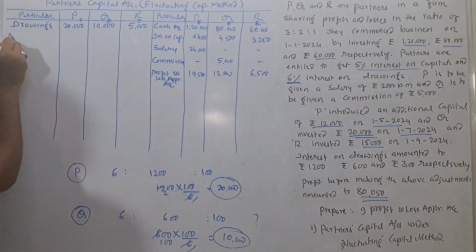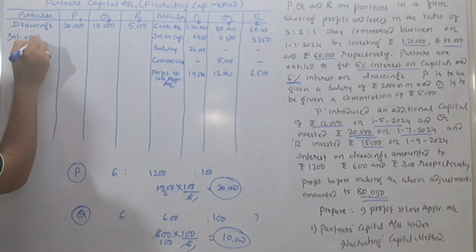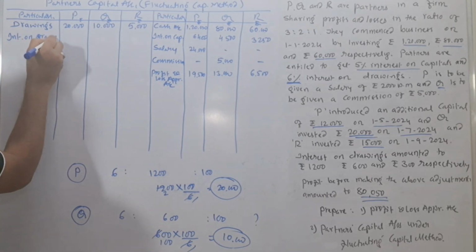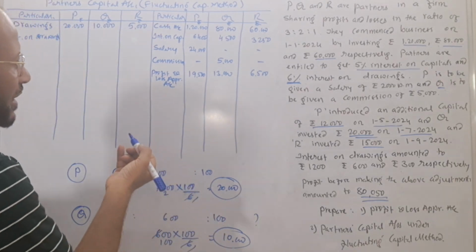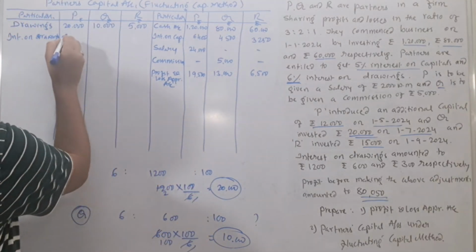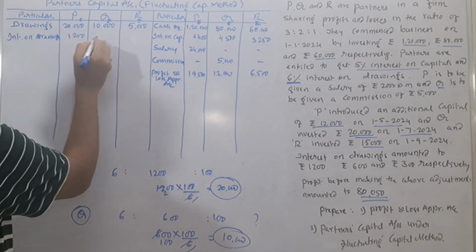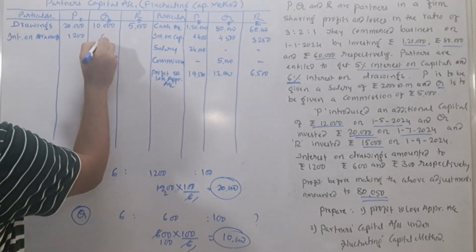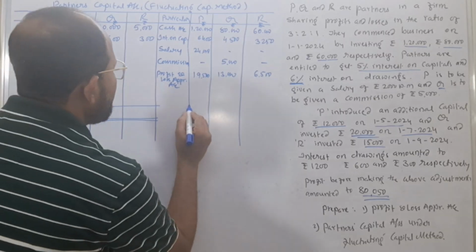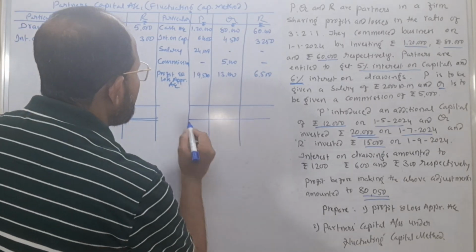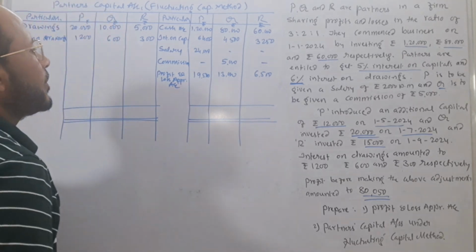Next one is interest on drawings. Interest on drawings already given in the problem, that also is debited to partners' capital accounts. What is the amount? 1,200, and after that rupees 600 and rupees 300. Now let us total the figures.